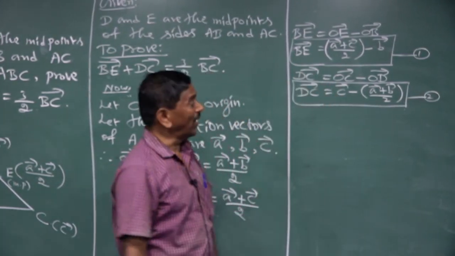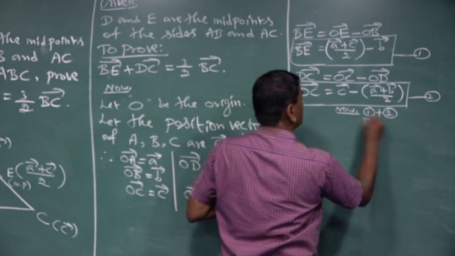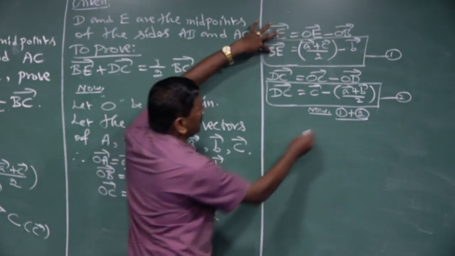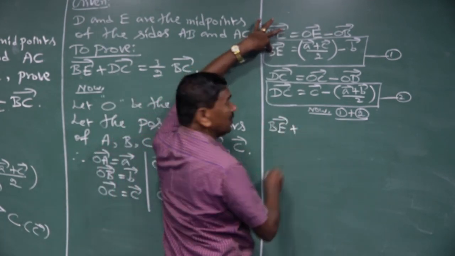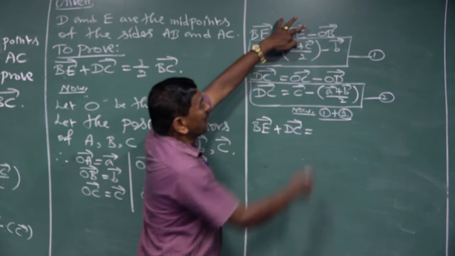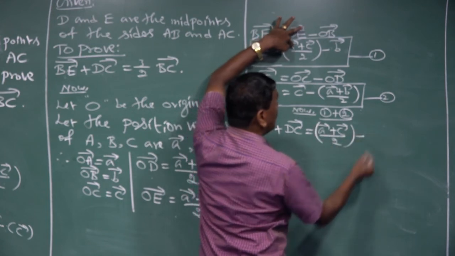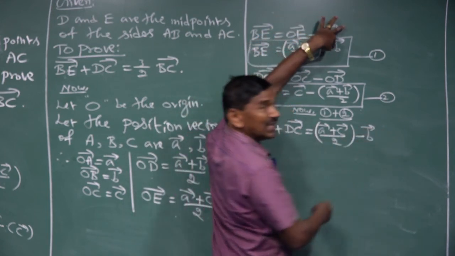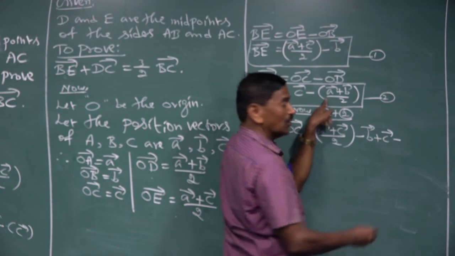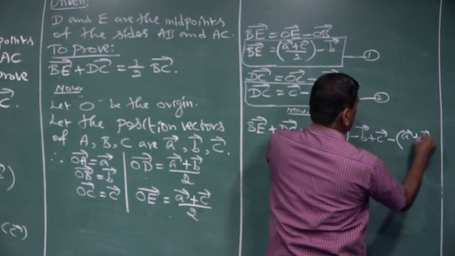Now, adding 1 and 2. Sum of the left-hand sides: BE vector plus DC vector, which is equal to the sum of the right-hand sides, that is (A vector plus C vector) by 2 minus B vector, plus C vector minus (A vector plus B vector) by 2.